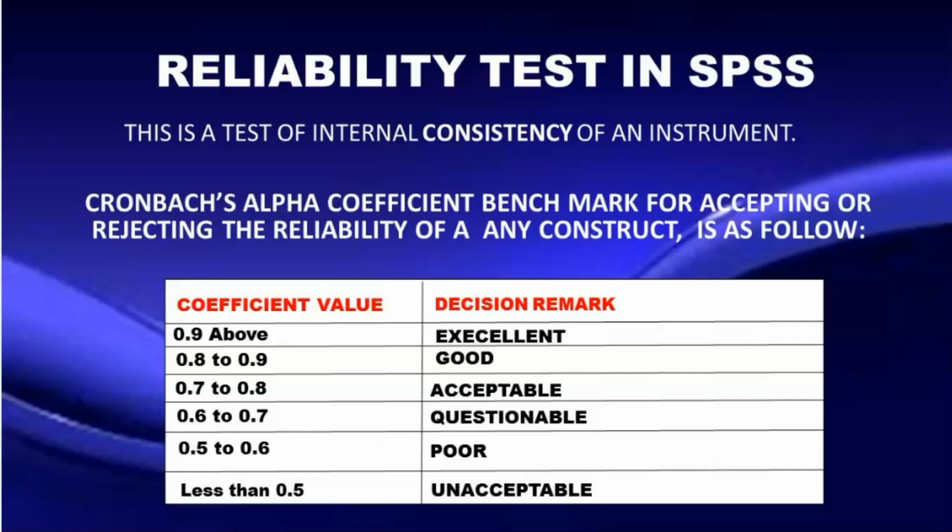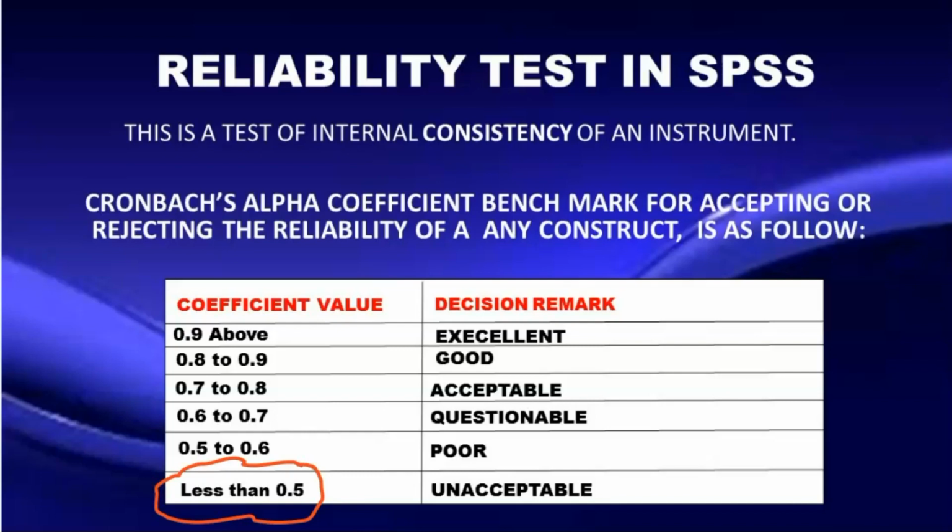And I have made a provision of a Cronbach's alpha coefficient reliability table benchmark for accepting or rejecting the reliability of any construct as follows. So, by the table, anytime you calculate your reliability coefficient and you come up with a value that is less than 0.5, what this means, as you are seeing me marking it here, is that your coefficient is unacceptable.